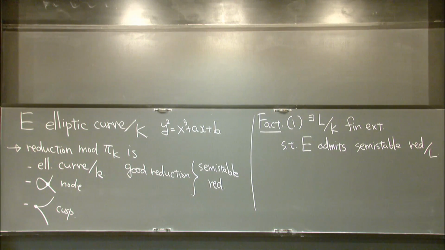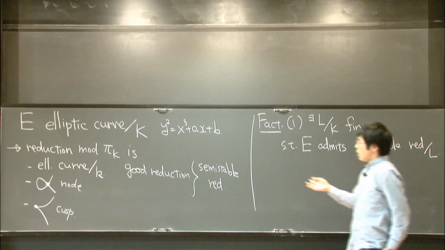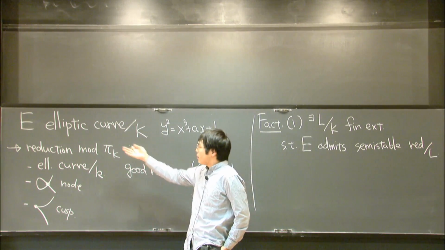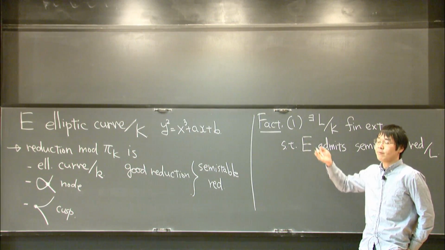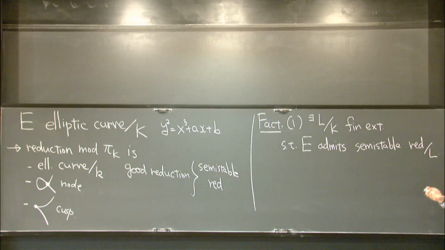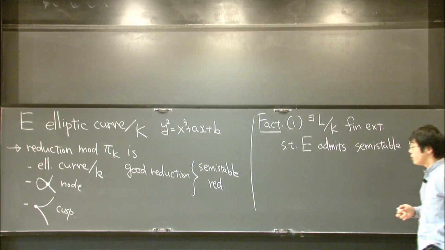Another thing is, you can ask whether a curve acquires a good reduction after some finite extension of scalar, namely whether E has potentially good reduction.